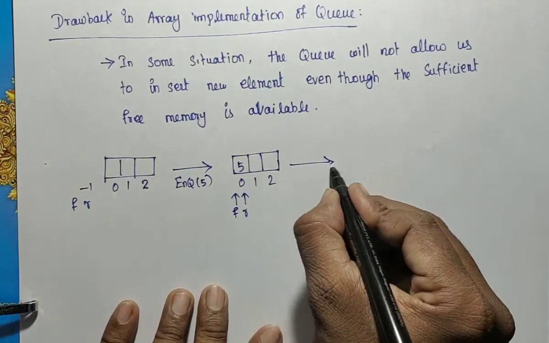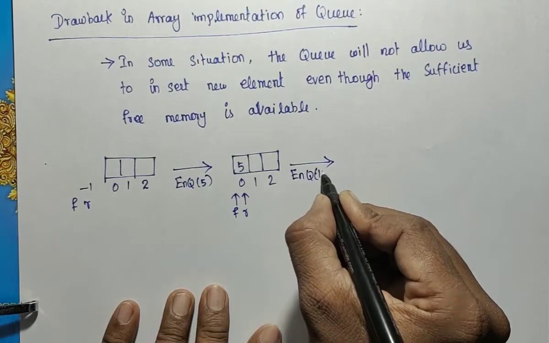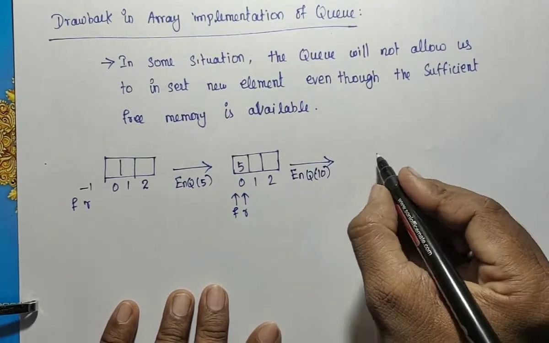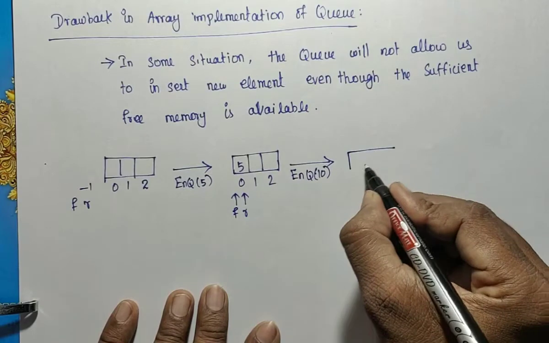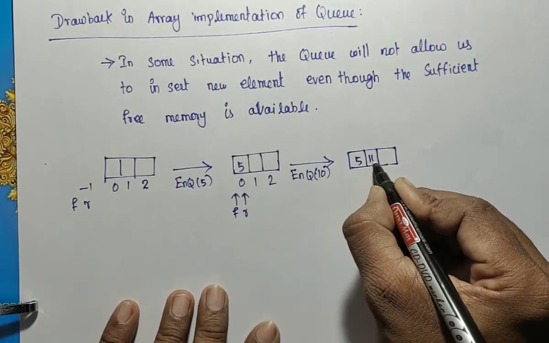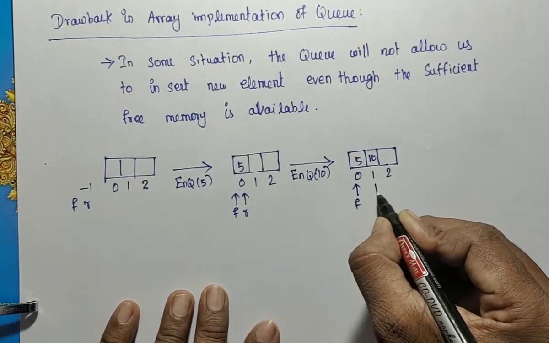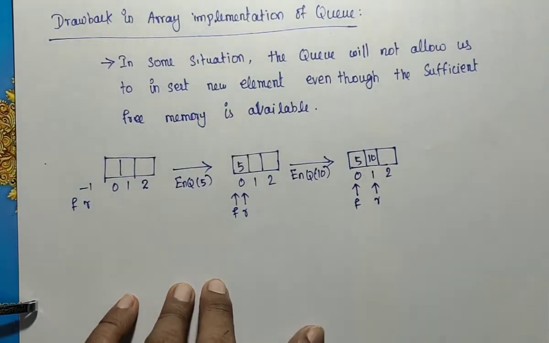Again, after inserting another element, enqueue of 10, we insert one more element. 5, 10, and locations 0, 1 and 2. Front has no change, and rear points to the recently inserted element.